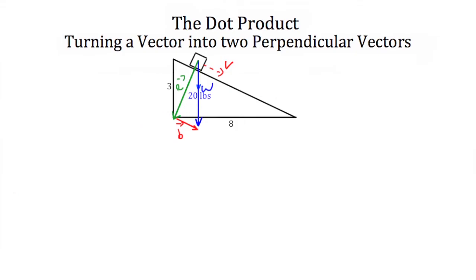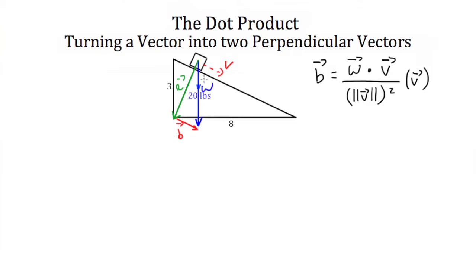Now there's a formula that we can use to do this. We can say that vector B, which is this vector that's moving in our direction vector, is equal to our weight vector, so W, dotted with our direction vector, so V. And then this is divided by the magnitude of our direction vector squared and then multiplied again by that direction vector.